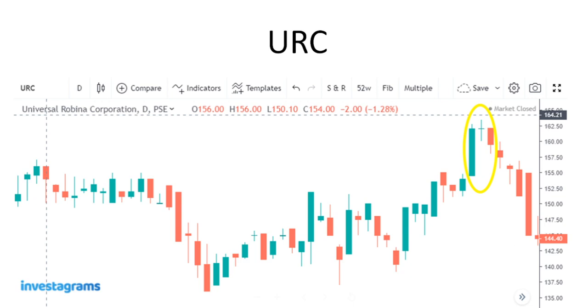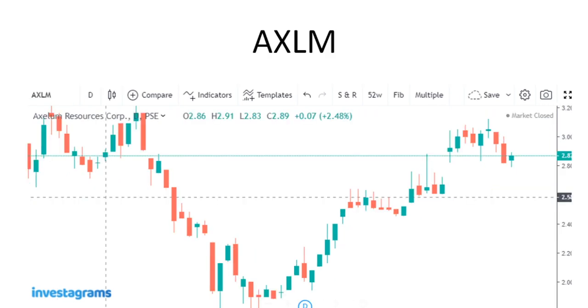Are you ready for one more example? All right, so this is AXLM. This is actually the most recent chart of AXLM. And this candlestick over here was as of May 8, 2020.